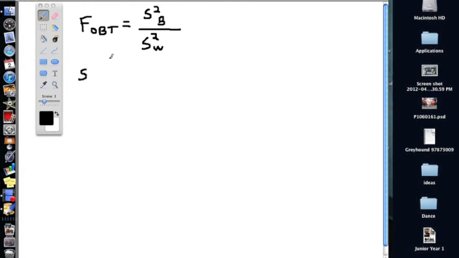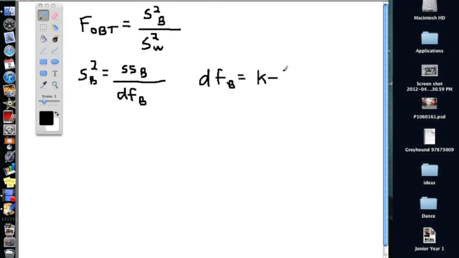The variance between groups, then, is defined as sums of squares between groups over degrees of freedom between groups. And degrees of freedom between groups is equal to k minus 1, and k is the number of groups. In the same way, the variance within groups is the sums of squares within groups divided by the degrees of freedom within groups.